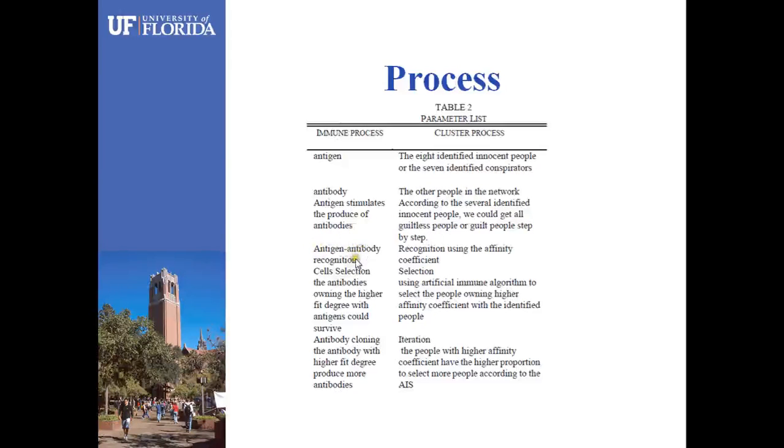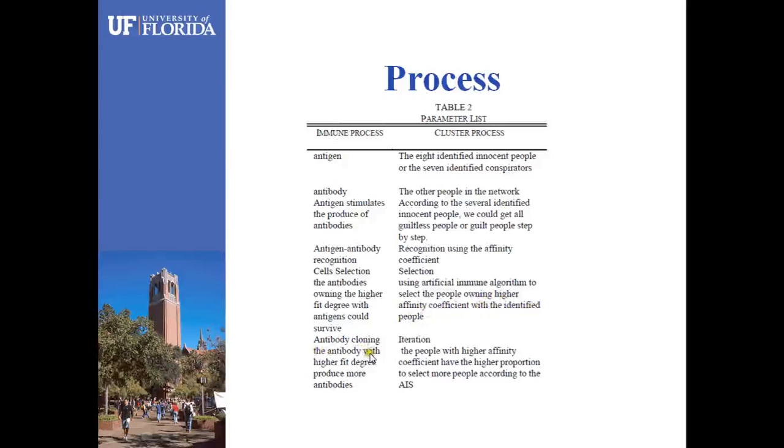Antigen-antibody recognition will be the recognition using the affinity coefficient. Cell selection: only the antibodies with a high fit degree with the antigen can survive. In our case, we use the artificial immune algorithm to select people with a higher affinity coefficient with identified people.